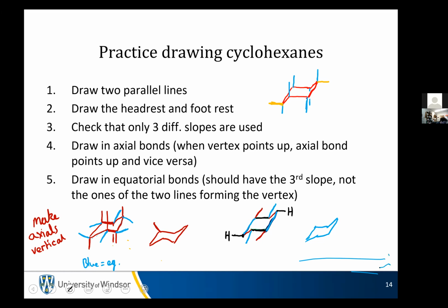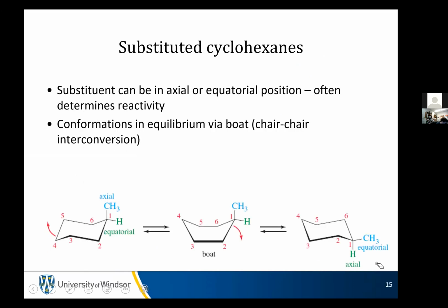And I'm trying to change the slide, but instead I am writing in blue ink. There we go. So when we have a substituted cyclohexane, we're working towards this already. Your substituent can flip between being axial or being equatorial if there's one substituent.